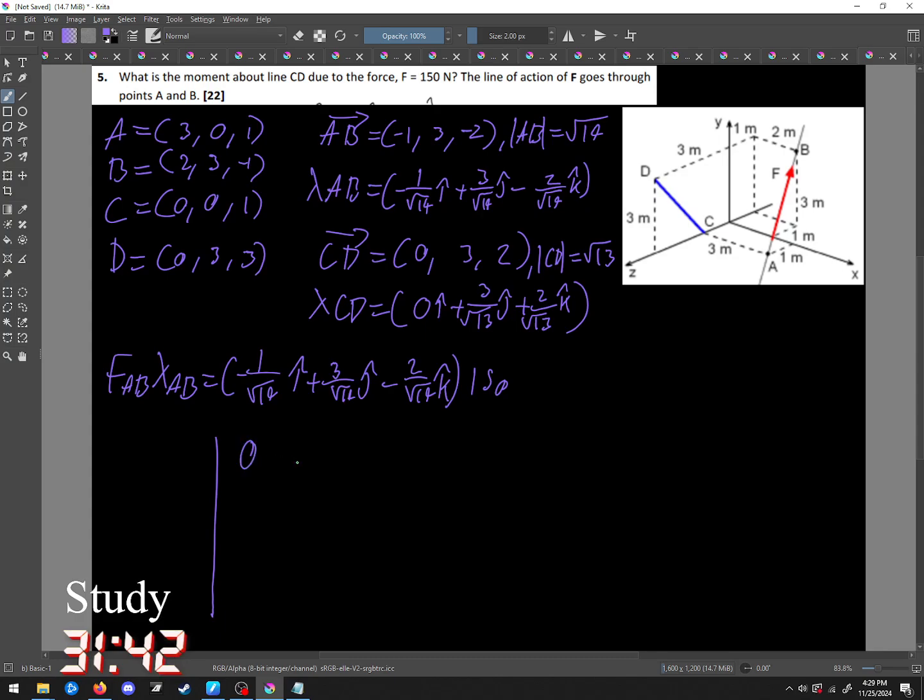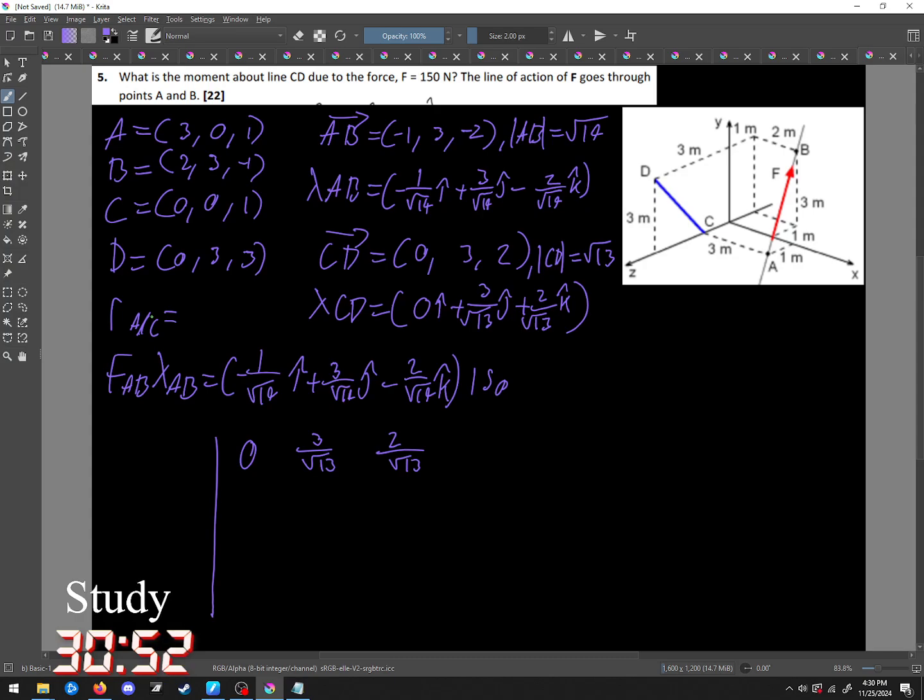This would be 0, 3, whoa, why am I writing it up there? 3 over square root 13, 2 over square root 13, and then right down here it would be, let's see, distance, this would be R AC, which this would be equal to, we already have AC?